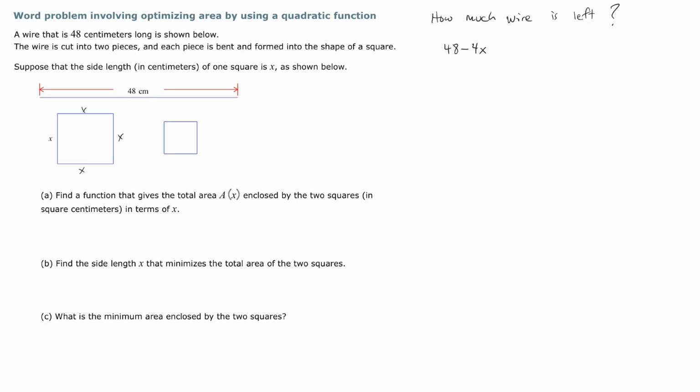So what's the side length of the second square? We're going to take the remaining wire, which is 48 minus 4x, and divide it by 4. That's very convenient. We can actually simplify this, and so the side length of the second square is actually 12 minus x.